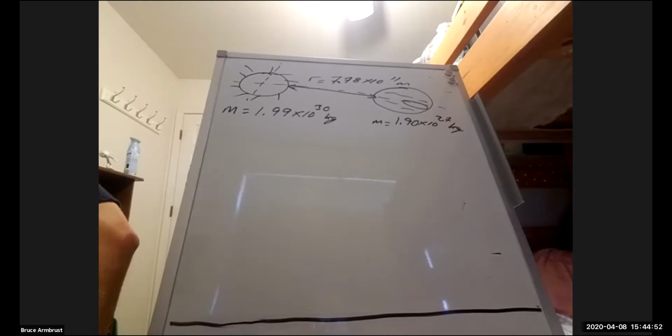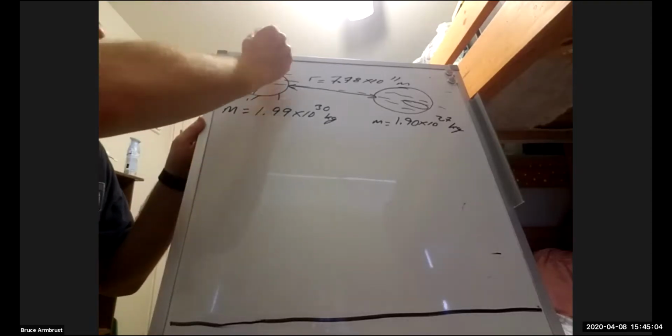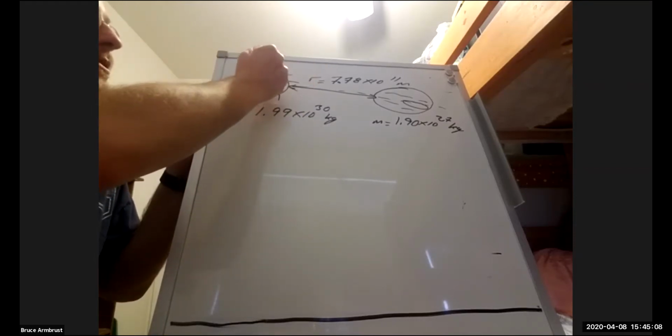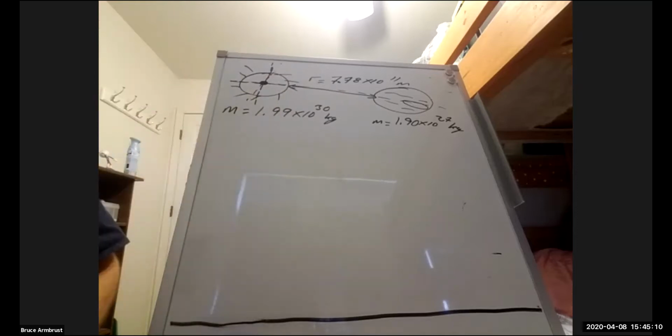And it totally doesn't matter. So my recommendation, if at all possible, is put the origin at the center of mass of one of the objects. So I'm going to make my coordinates so that the origin 0, 0 is the center of the sun.